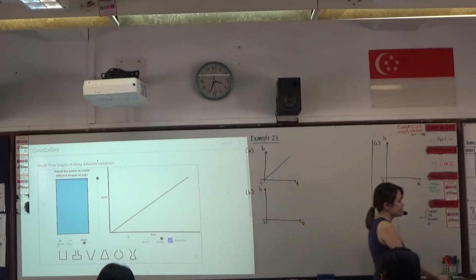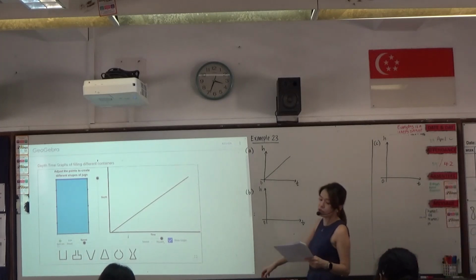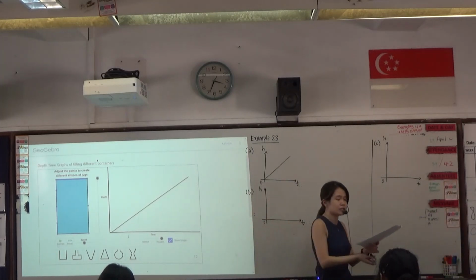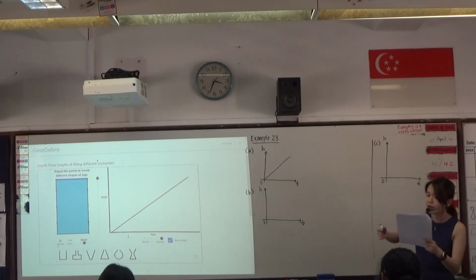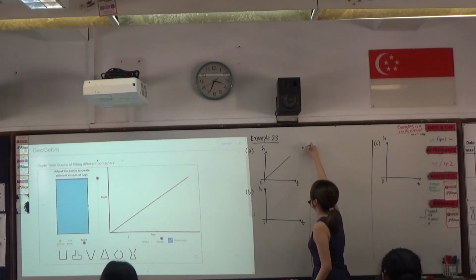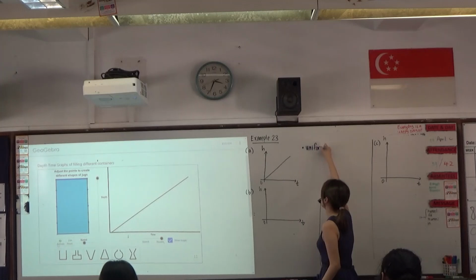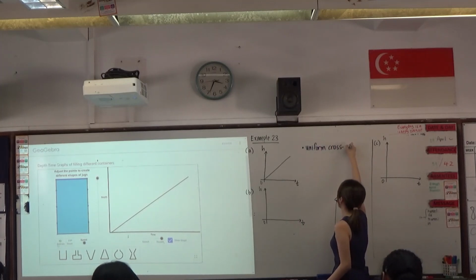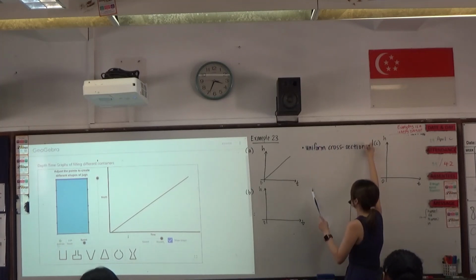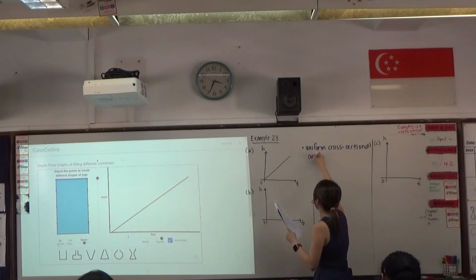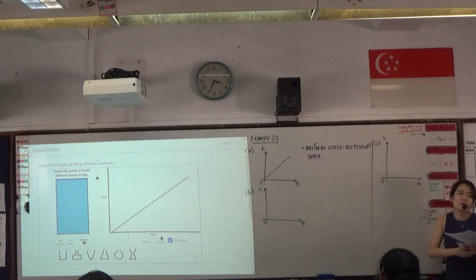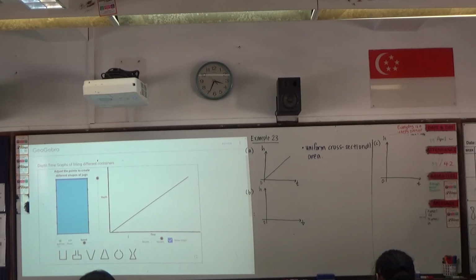And why is it that this happens? In your notes, it says that the graph is a straight line because the container has a uniform cross-sectional area, the cross-sectional area as it goes up.